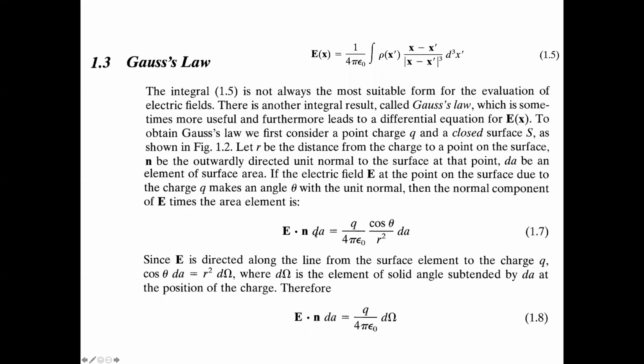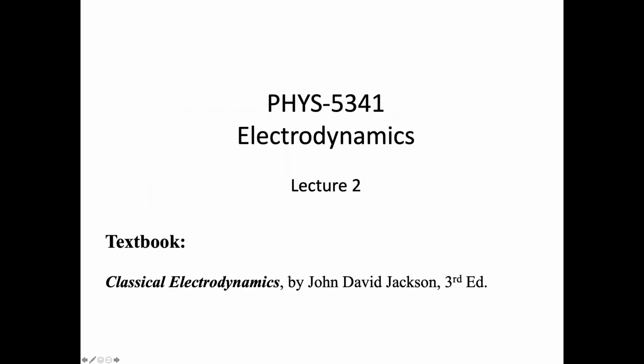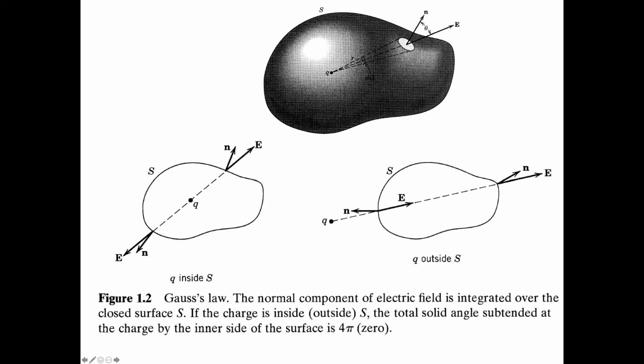And then if you multiply by dA, what you get is Q over 4 pi epsilon times cosine theta over R squared dA. Since E is directed along the line from the surface element to the charge Q, cosine theta dA, which is here, equals R squared d omega. And omega is defined as here. This is the solid angle of this area.